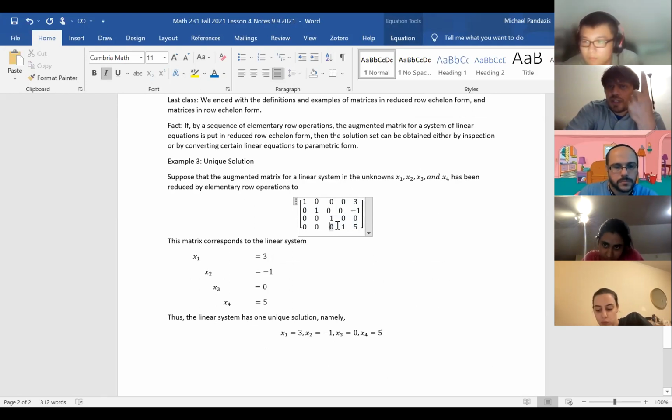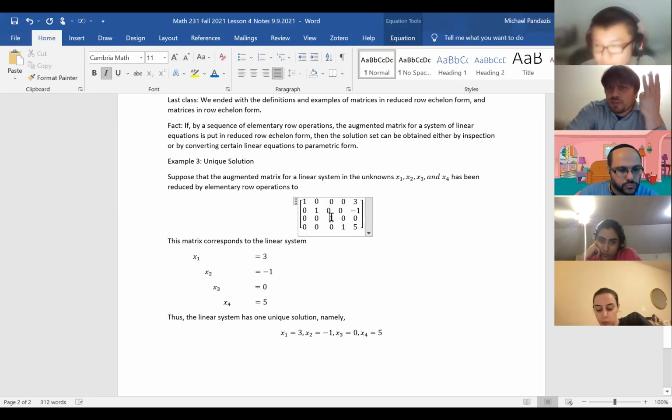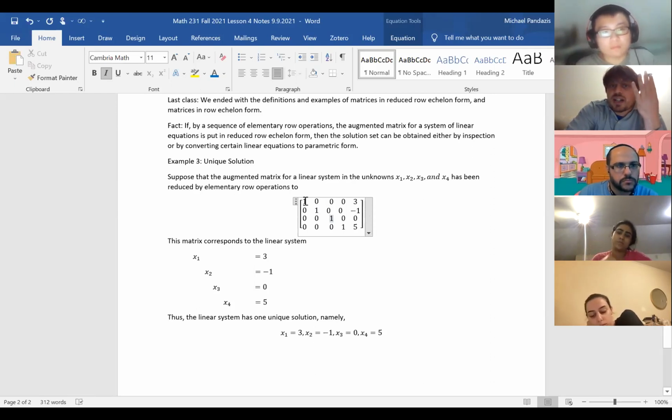There are no 0 rows, and so that's true vacuously. 3, if you take any 2 successive non-zero rows, the leading 1 in the lower row is further to the right than the leading 1 above it. This is further to the right than that, and this is further to the right than that. So property 3 is also satisfied in this matrix. Property 4 says any column with a leading 1, all the other entries are 0. So this is a leading 1, and it's in the first column, and every other entry is 0.